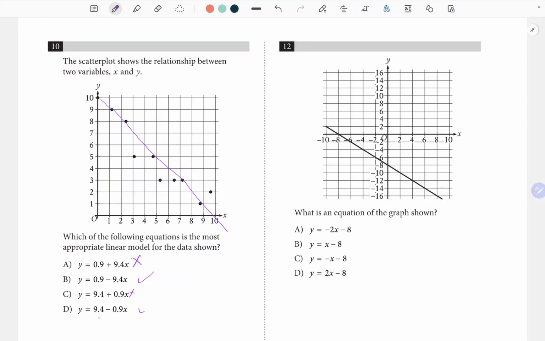We cannot get an idea yet. What is the gradient? Here it looks like 10 and here it looks like 10, so the gradient should be around -1. So D should be the answer.